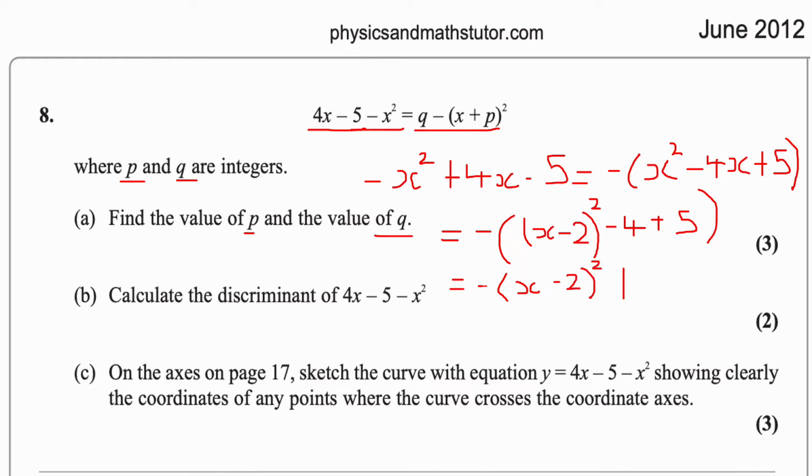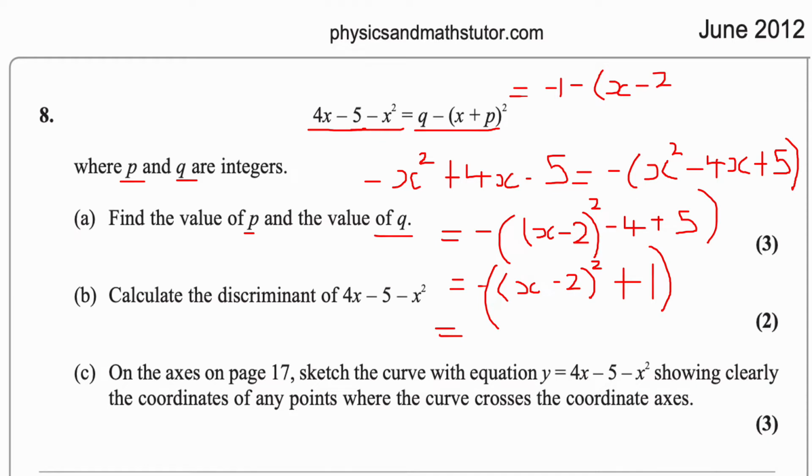Because I've got a double bracket here, I should have been very clear actually. Reintroducing that minus, I'm going to have minus x minus 2 all squared, minus 1.